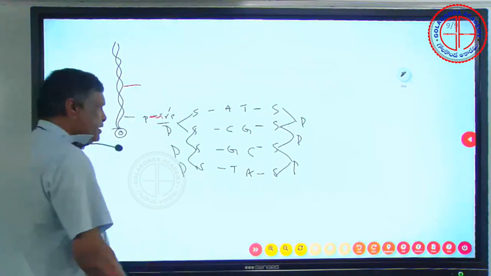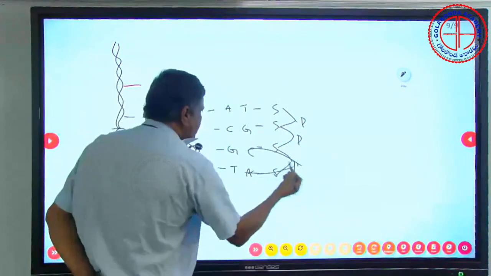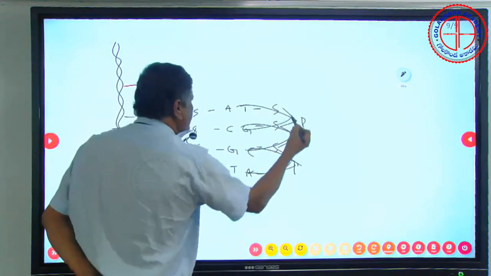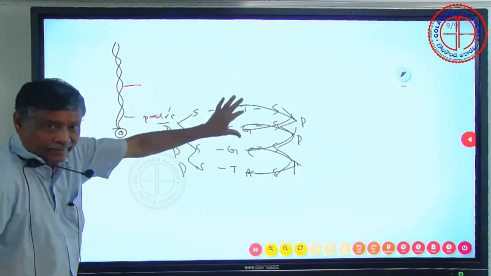And one more point here, the orderly nucleotides, like this. These are the pairs.